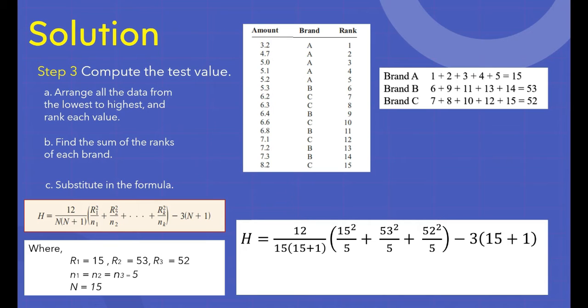H is equal to 12 over 15 times quantity 15 plus 1 times quantity 15 squared over 5 plus 53 squared over 5 plus 52 squared over 5 minus 3 times quantity 15 plus 1, which is equal to 9.38.